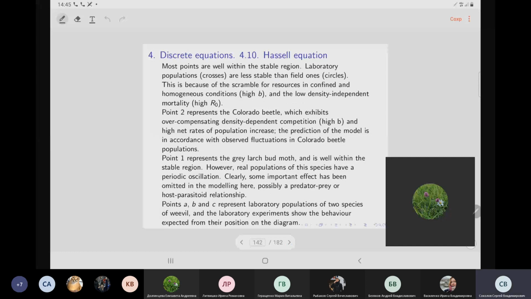There is some external influence on the population amount. So the scramble for resources with high b and low density independent mortality with high R0.